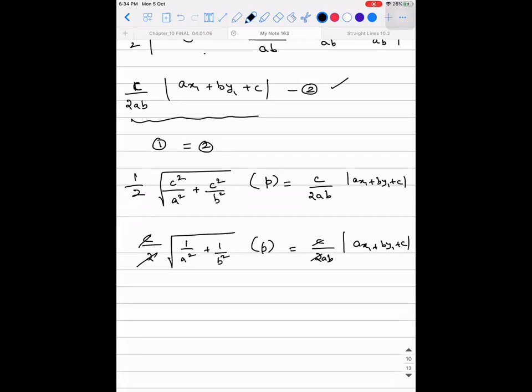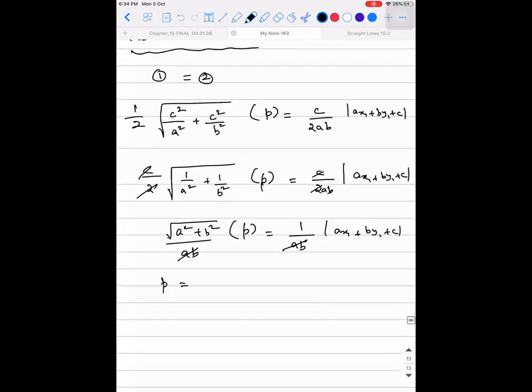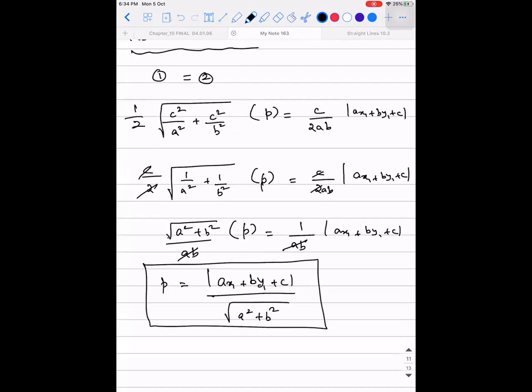If you take LCM on left hand side, it will be root of a square plus b square by ab into p is equal to 1 by ab into modulus of ax1 plus by1 plus c. So ab and ab will also get cancelled. So what is the value of perpendicular distance? It is modulus of ax1 plus by1 plus c, the whole divided by root of a square plus b square. So this is going to be the required formula.